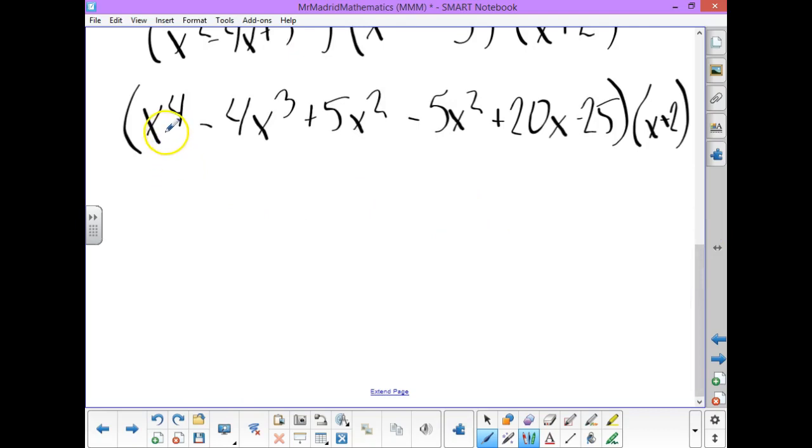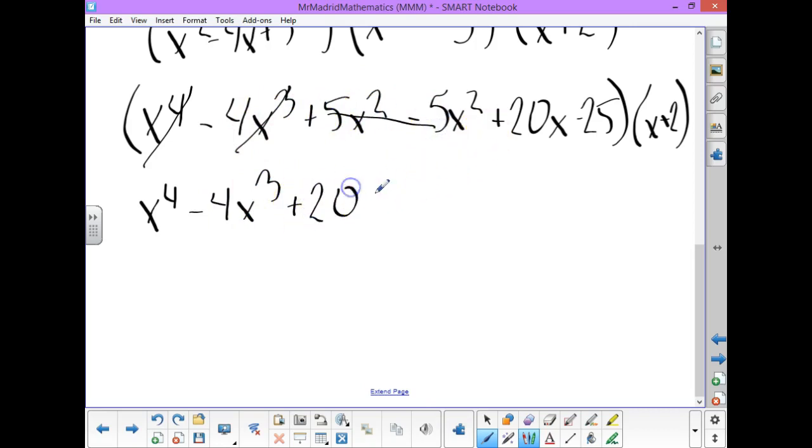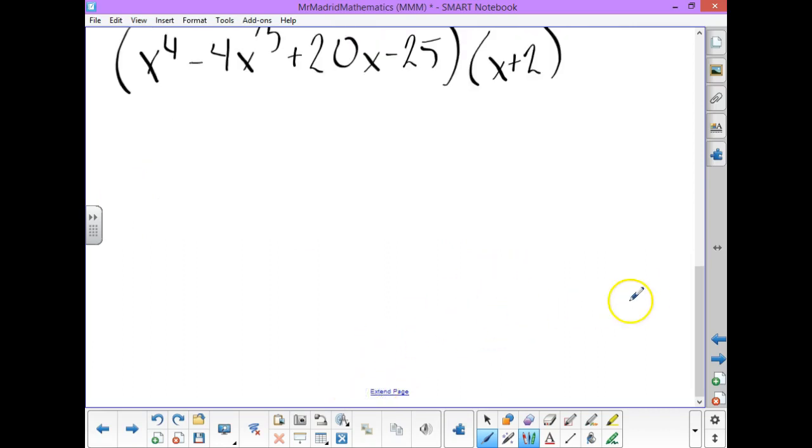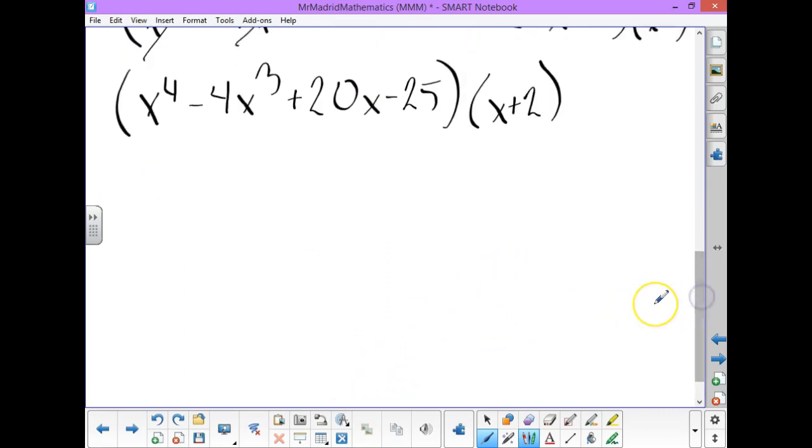Let's combine like terms. Here's my highest exponent. Here's a cube, no other cubes. Here's a square, there's a square, they're opposites, that's gone. Plus 20x minus 25. Here's a simplified version. Once again, look at the repetition. It is a lot of multiplication, but at the end of the day, it's just multiplication, something that you need to work on anyway, so this is good practice.